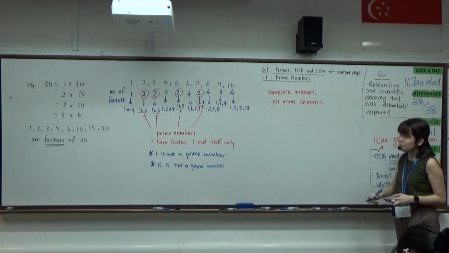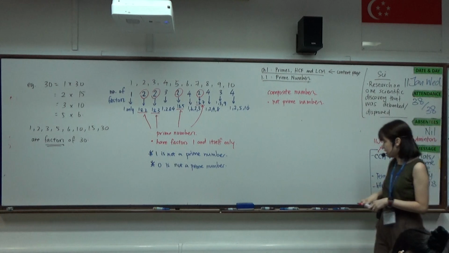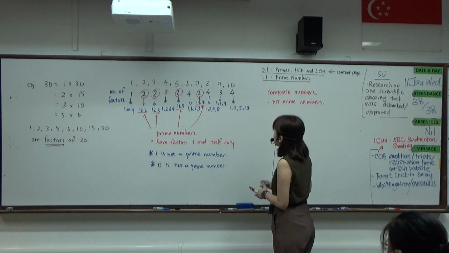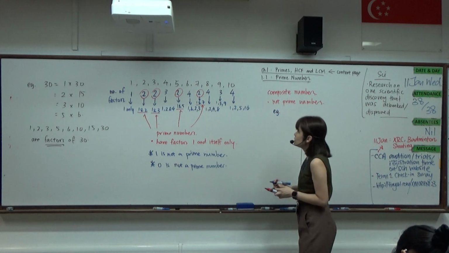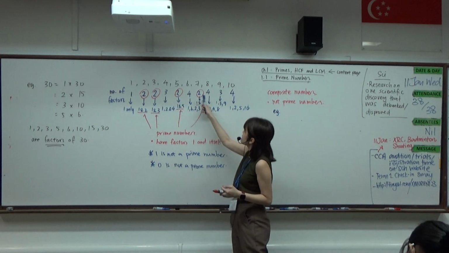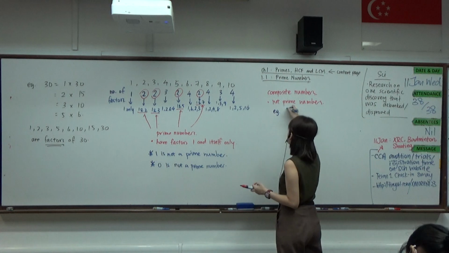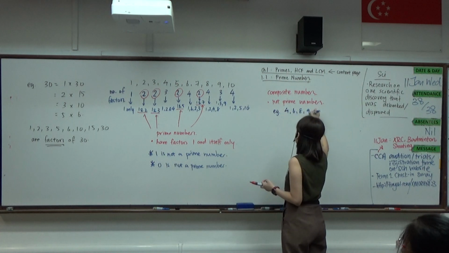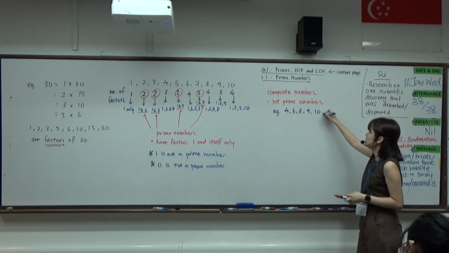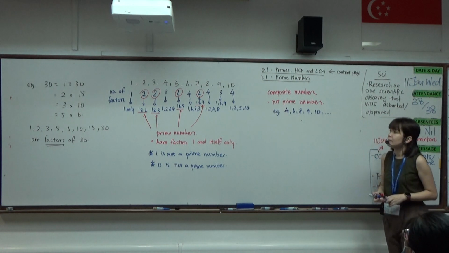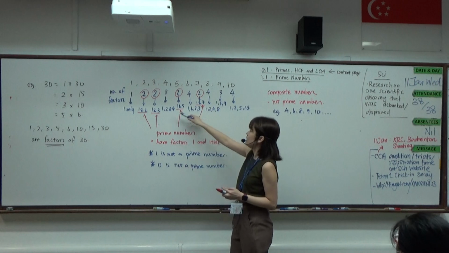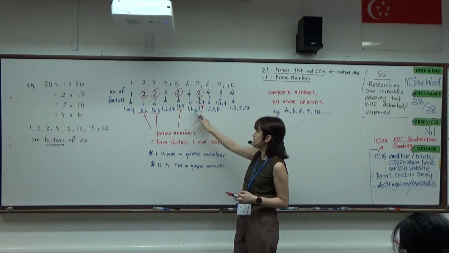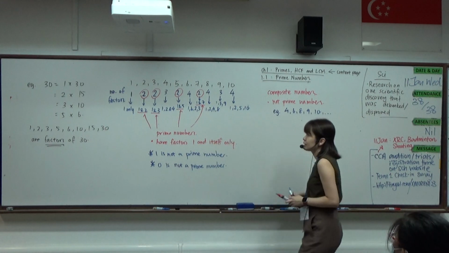So looking at the list that we have over here, if I were to generate a list of example, I will see that 4, 6, 8, 9, 10, they are what we call composite numbers because their factors, it's not just about 1 and itself. They have other factors as well.